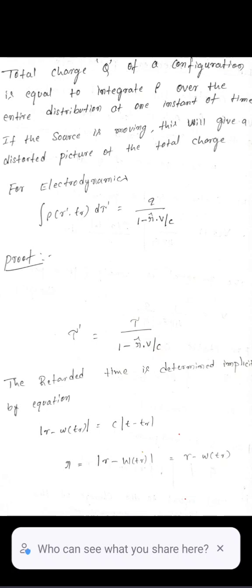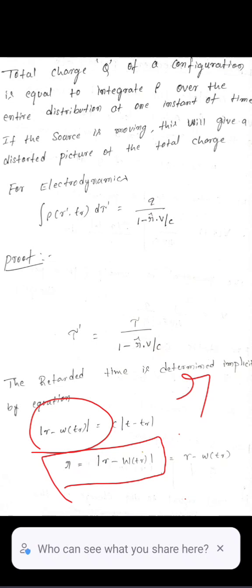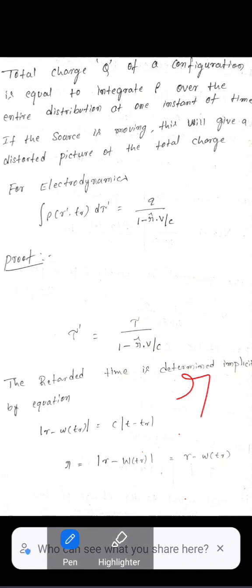So r minus w(t_r), which is nothing but curly r. Here r is the field position, and w(t_r) gives the position of the charge at retarded time, which is equal to c times (t minus t_r).